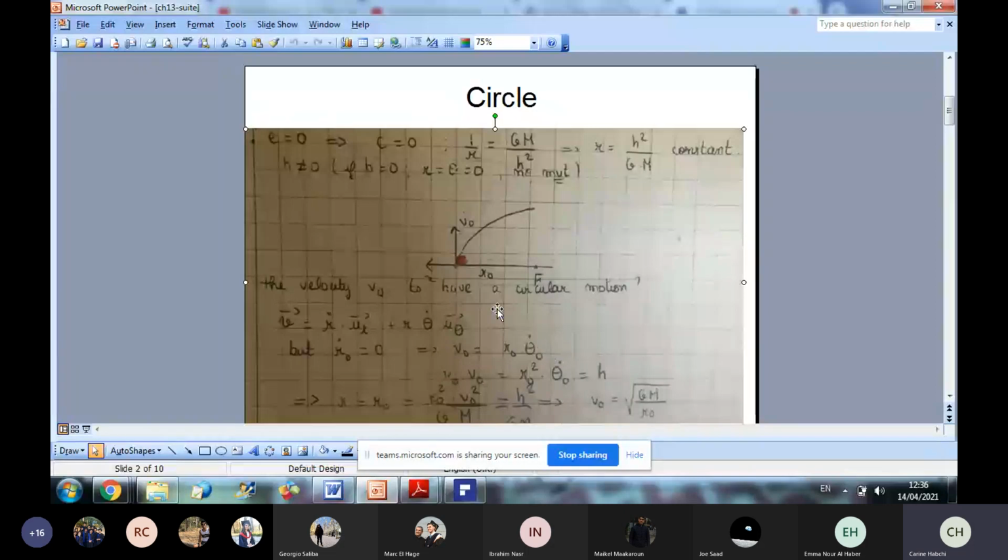And in circular motion, at any point I will only have a theta component, because in a circular motion r is constant, so r dot will always be 0, and then I will only have a component along v theta and no component along u_r. Okay, so in this case the value v0 will be equal to r0 theta dot 0, and then I can say that the value of theta dot can be given by v0 over r0.